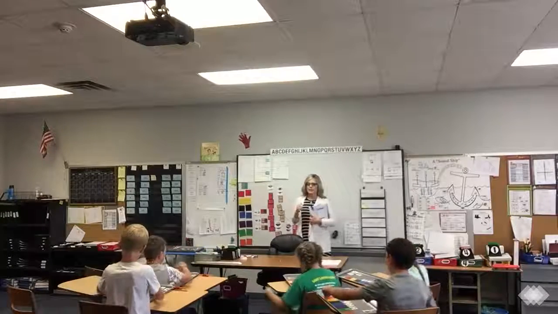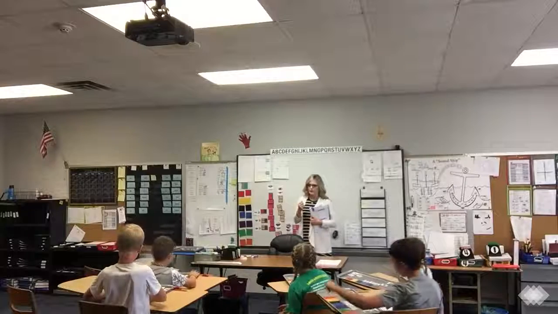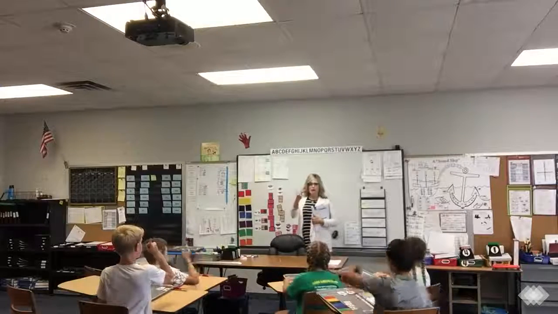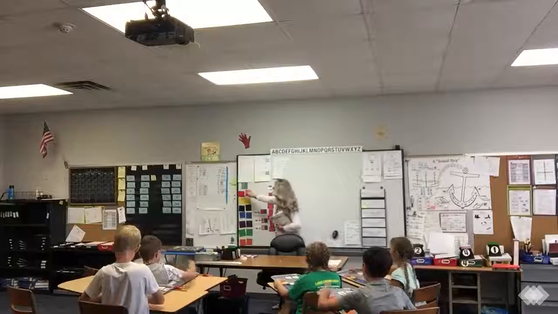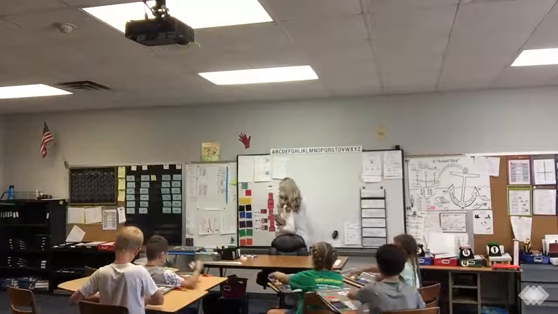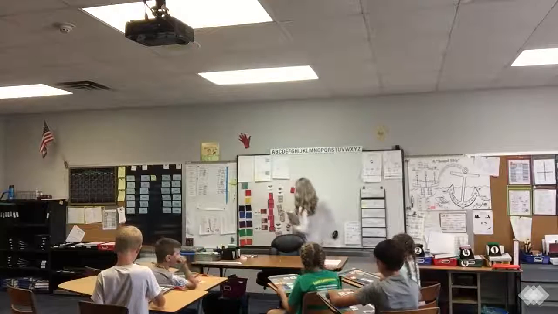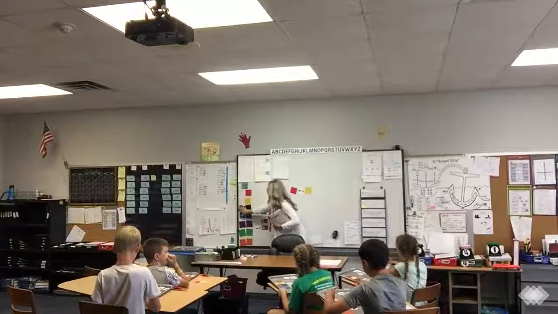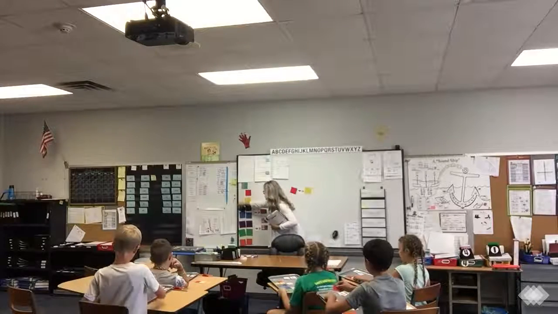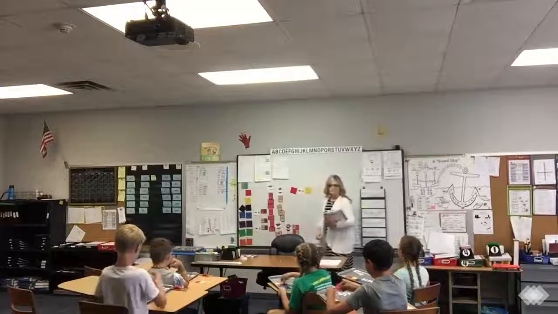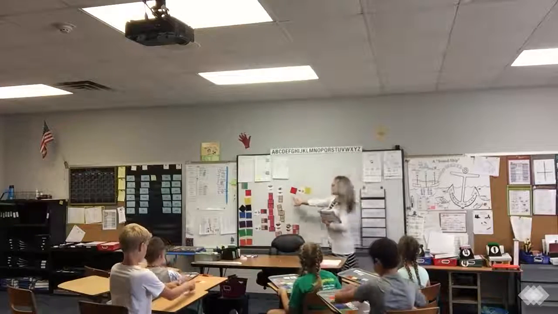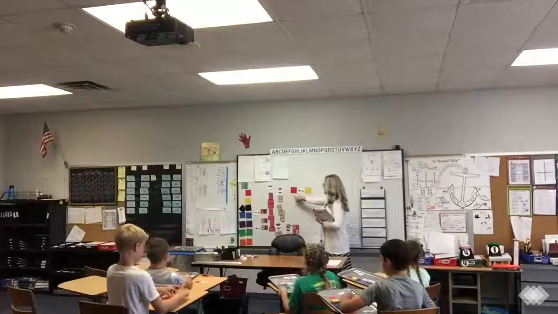Hold on, let's do that again. I need everyone unblending. Ready? Dark, dim, arc. And remember to turn this one a little bit. That way we'll know where to start on the next word. Wait, I thought we didn't do this one. Okay? If this is dark, this one we do.